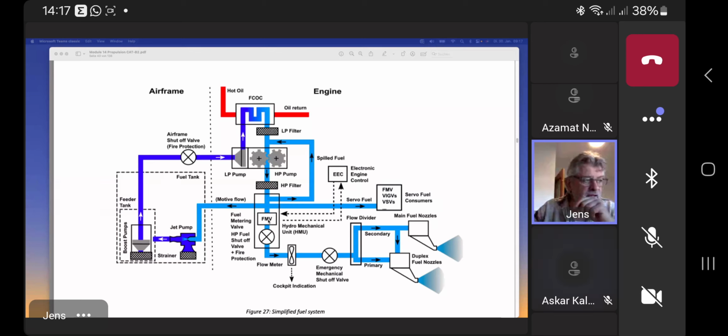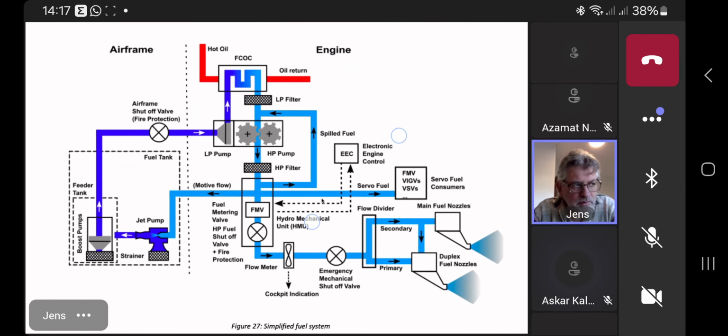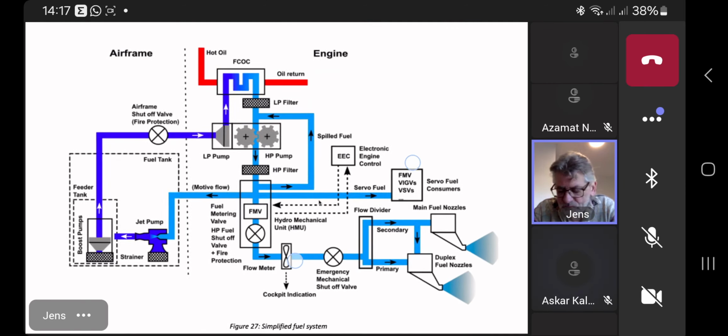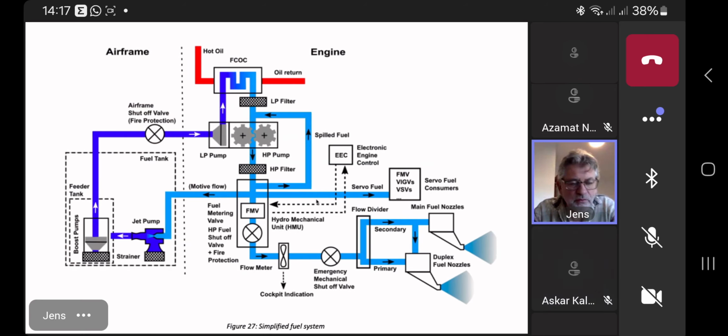The most important valve within the HMU is the fuel metering valve. The fuel metering valve, the line here, is of course controlled by the EEC or ECU. And here the ECU makes the decision how much fuel will be sent to the fuel nozzles.